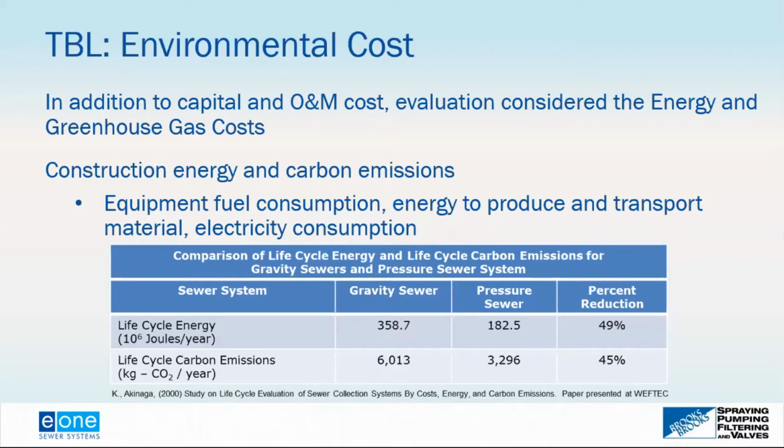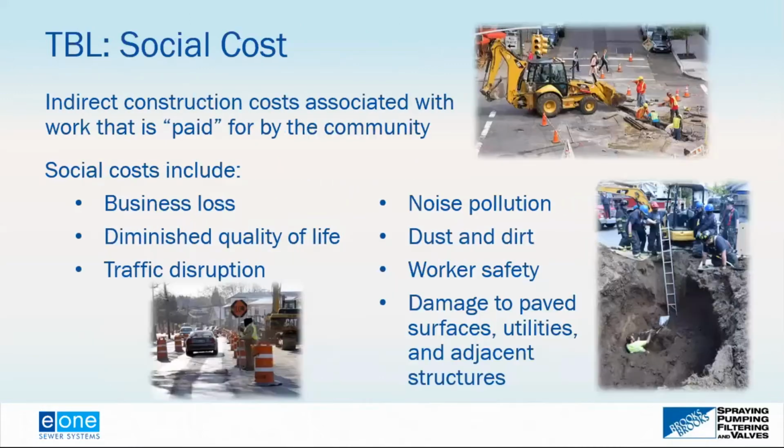So when you're looking at the environmental costs, there is the greenhouse gas emissions, the carbon emissions, the energy used to manufacture, install, and operate the system. And then again, going back, as I said, there's also the tangential environmental cost of avoiding wetlands, avoiding environmentally sensitive areas, and being able to deviate the pipeline so you don't have to take down trees or disturb large wooded areas.